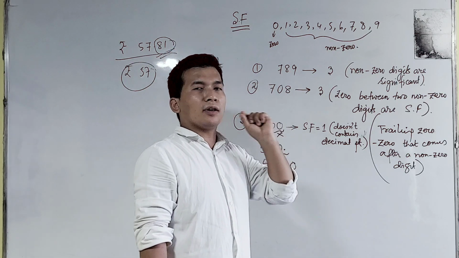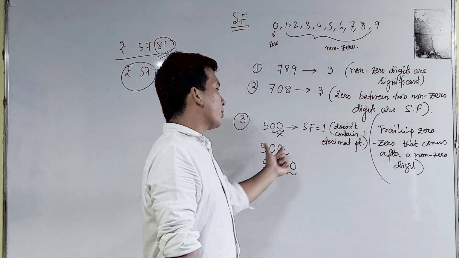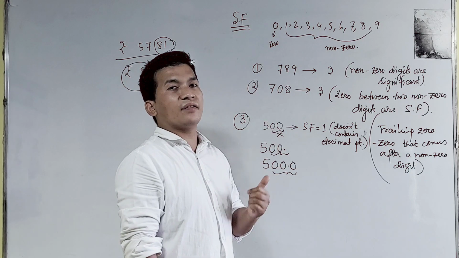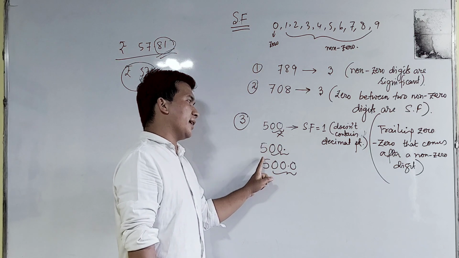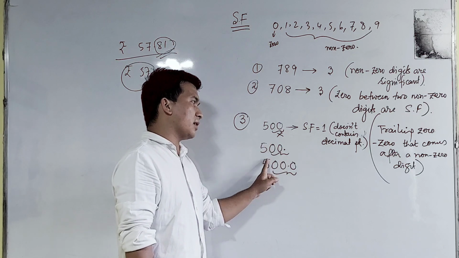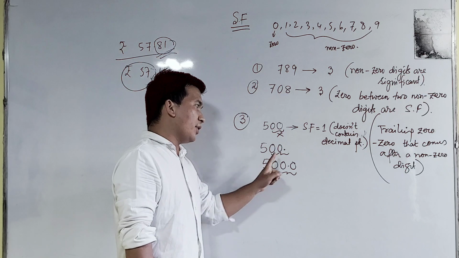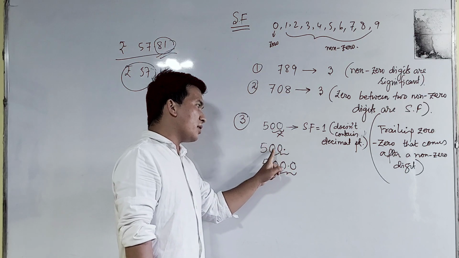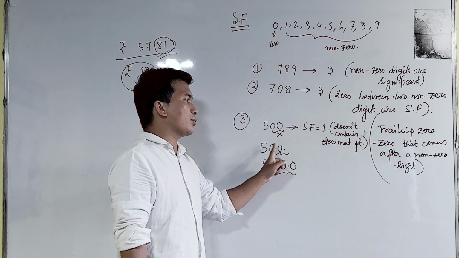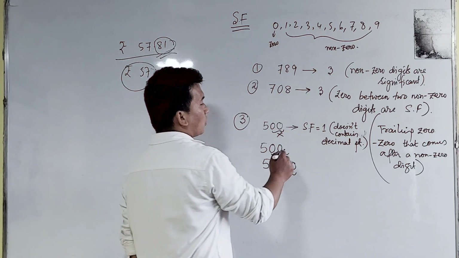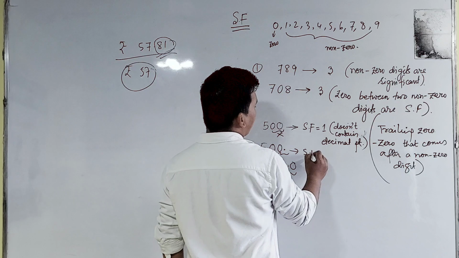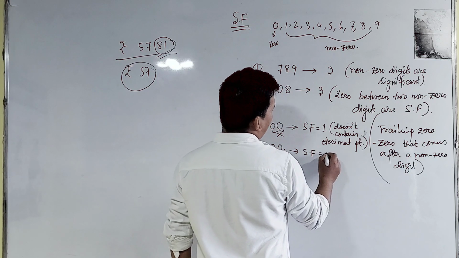Here, for the second example, 500. with a decimal point, we have to consider these two trailing zeros as significant figures. Therefore, the significant figure will be equal to 3.